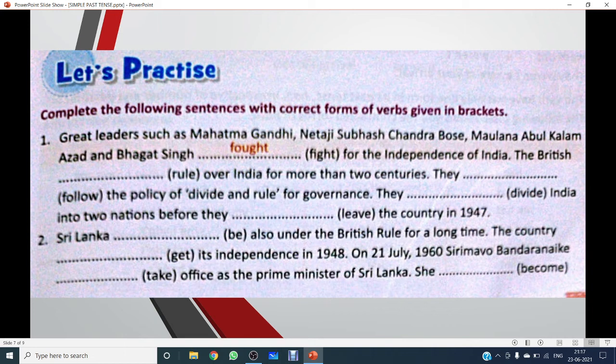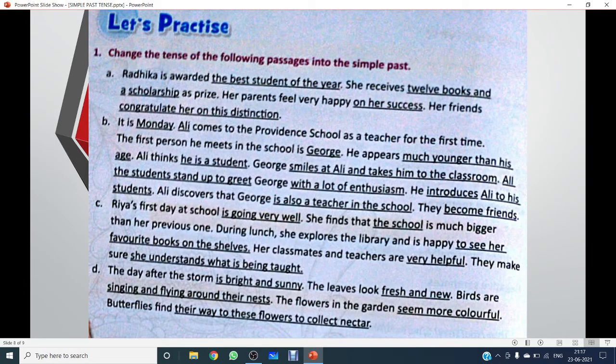We are going to do till here today. The last part is continued to the next page, which we will be doing tomorrow. Now a next slide with the next exercise which is given to you. Just see here.